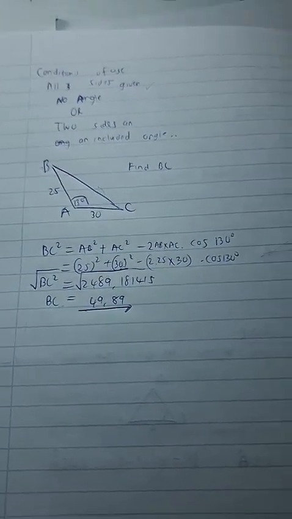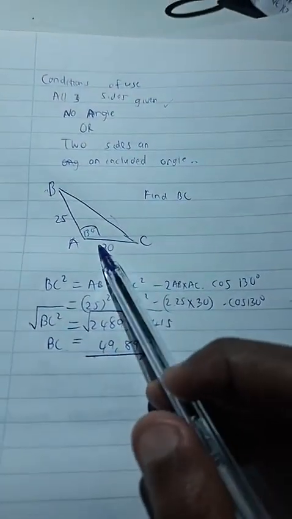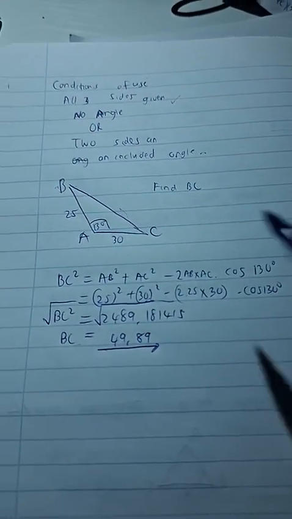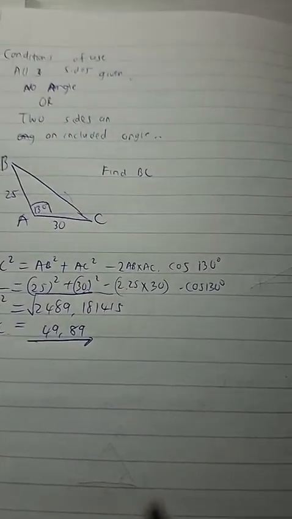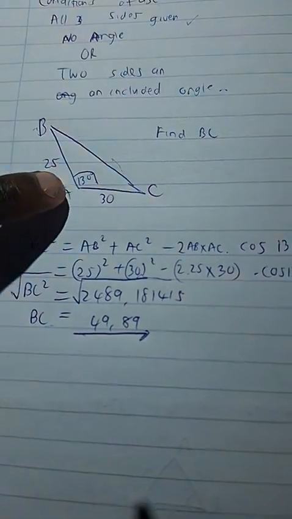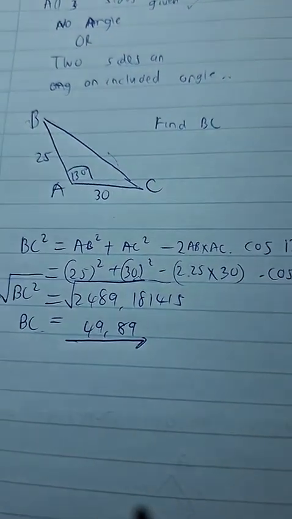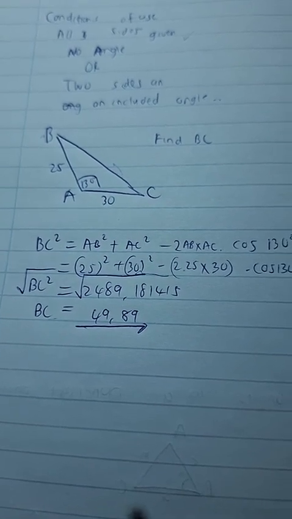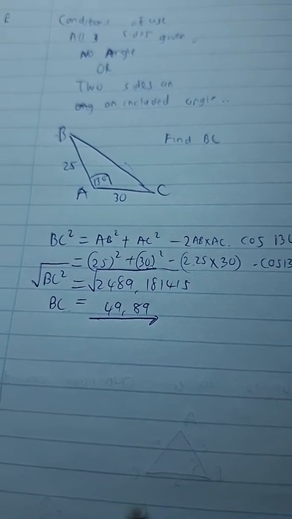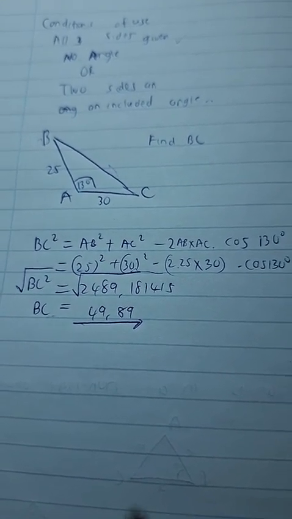That is the length of BC. So guys, you see here, you couldn't have been able to use the sine rule. Why can't we use the sine rule? Because we don't have a side that is opposite a given angle that we know for sure. Because we need to have that in order to set up a second fraction that has already got values.